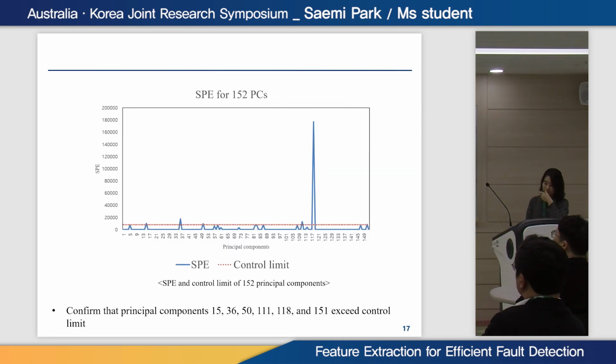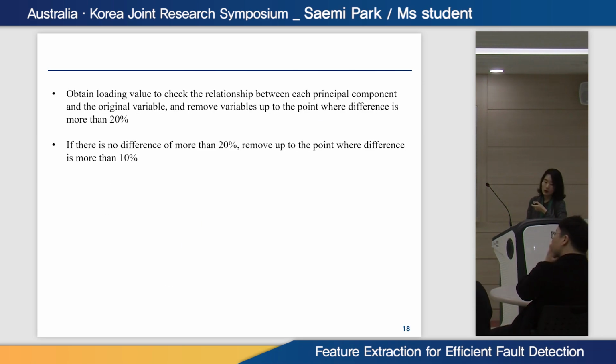After that, I computed SPE and control limit for all principal components and confirmed that these 6 principal components exceed the control limit. Then I obtained loading values to check the relationship between each principal component and the original variables, and removed variables up to the point where the difference is more than 20%.